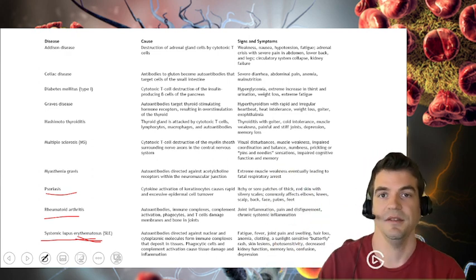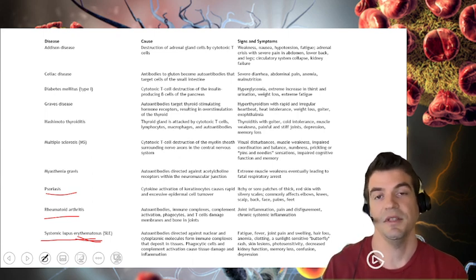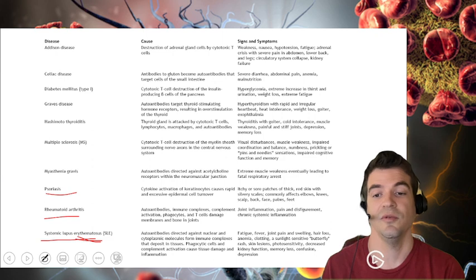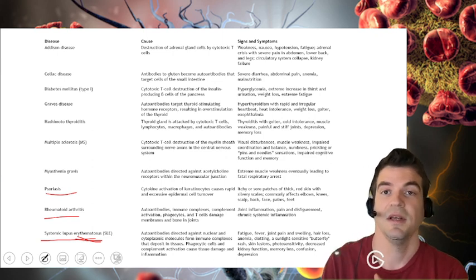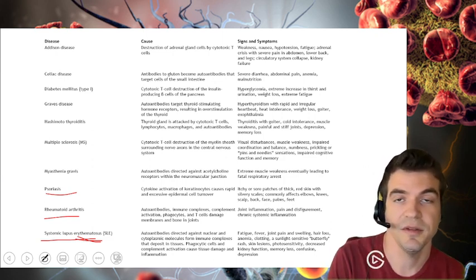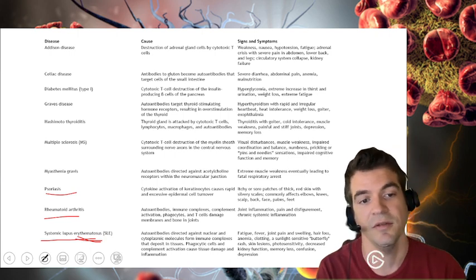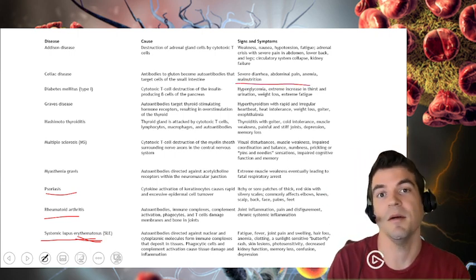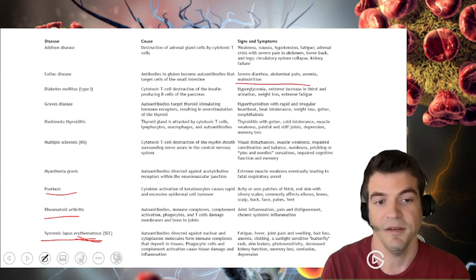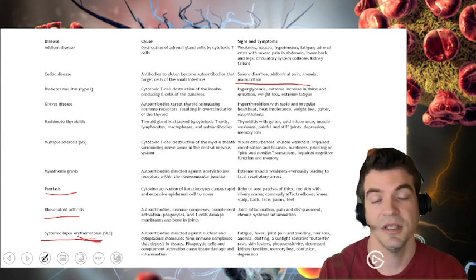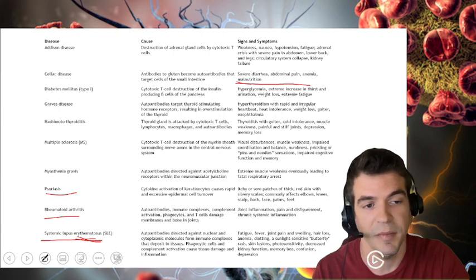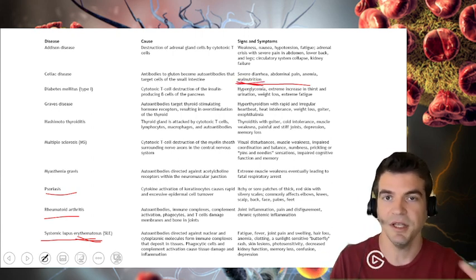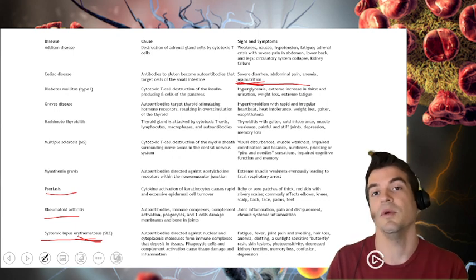So celiac disease: it obviously can't digest gluten, so what's gluten going to do if it interacts with something in your small intestine? That makes sense: upset tummy, abdominal pain. And if you can't digest all the stuff you're eating, malnutrition. So think about these things in terms of what would happen if.